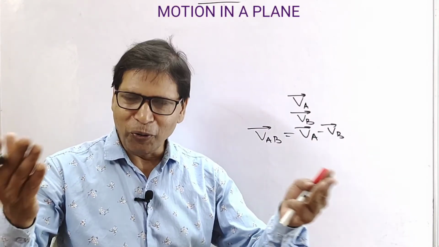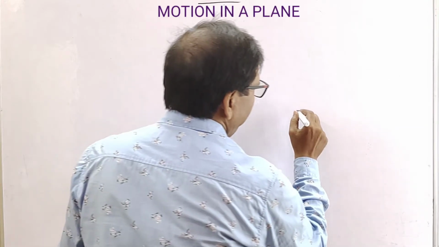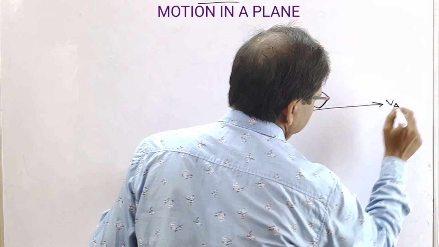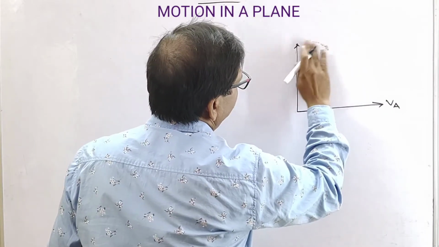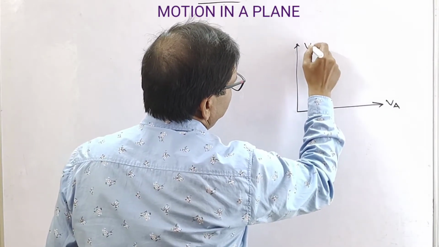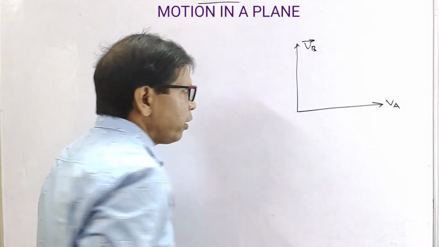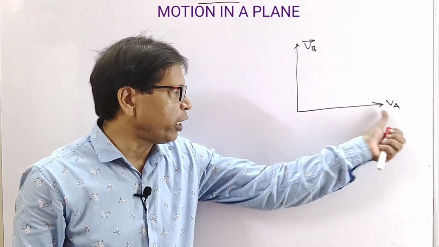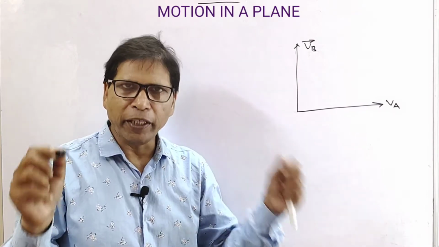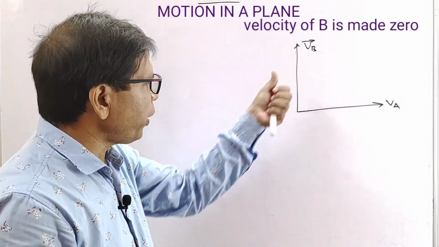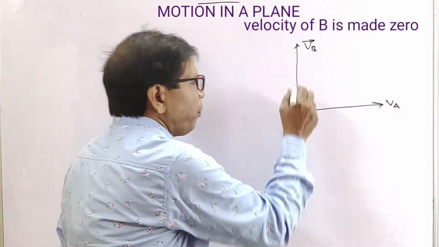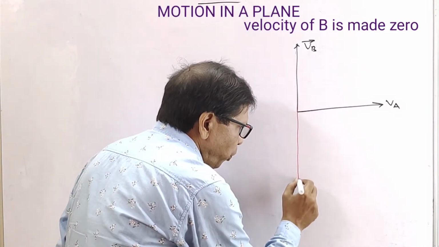Okay, now look at the figure. Suppose particle A moves along this direction with velocity VA and particle B moves with velocity VB vector. Now for the relative velocity of A with respect to B, that means the velocity of B should be made 0 by producing VB in the opposite direction.